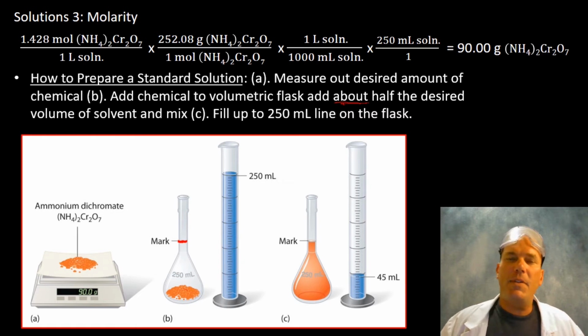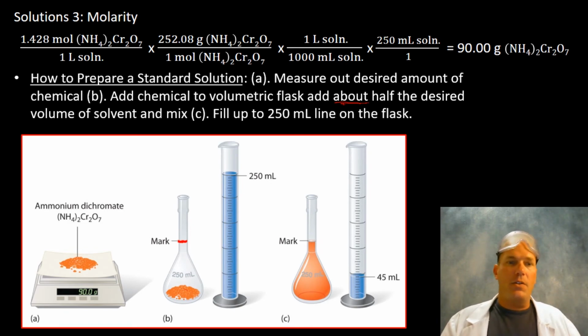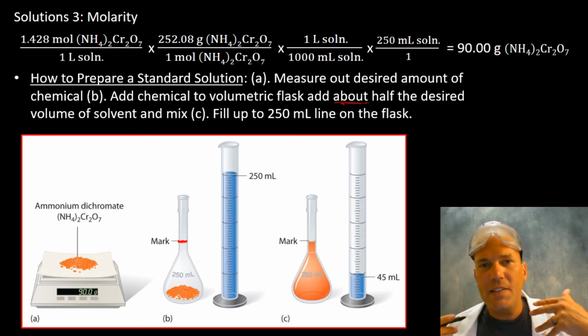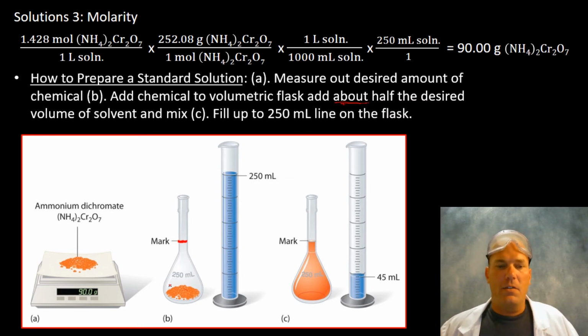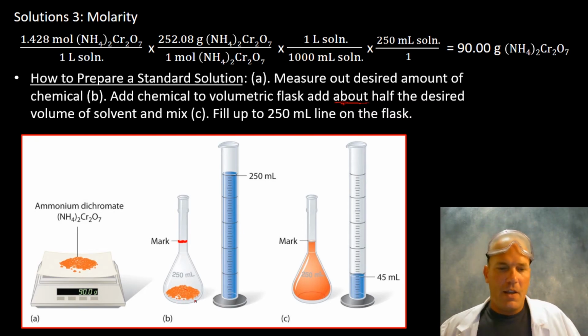You're going to add some of the solvent to the solute. And your solvent is not always going to be water. In this case, it is. So you put some in. You dissolve what is here, okay? All that good stuff we talked about in the last two videos. So you get this to dissolve.